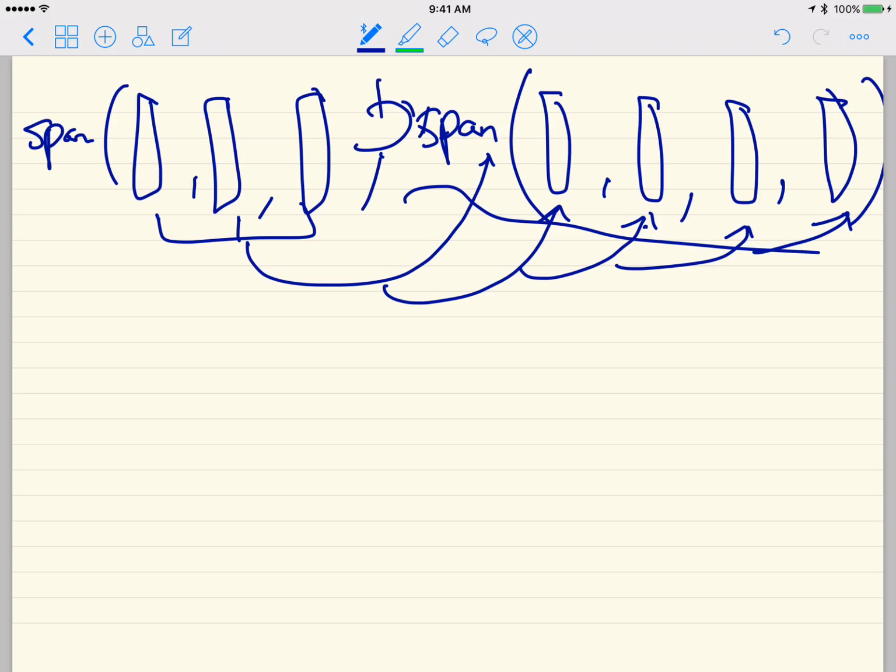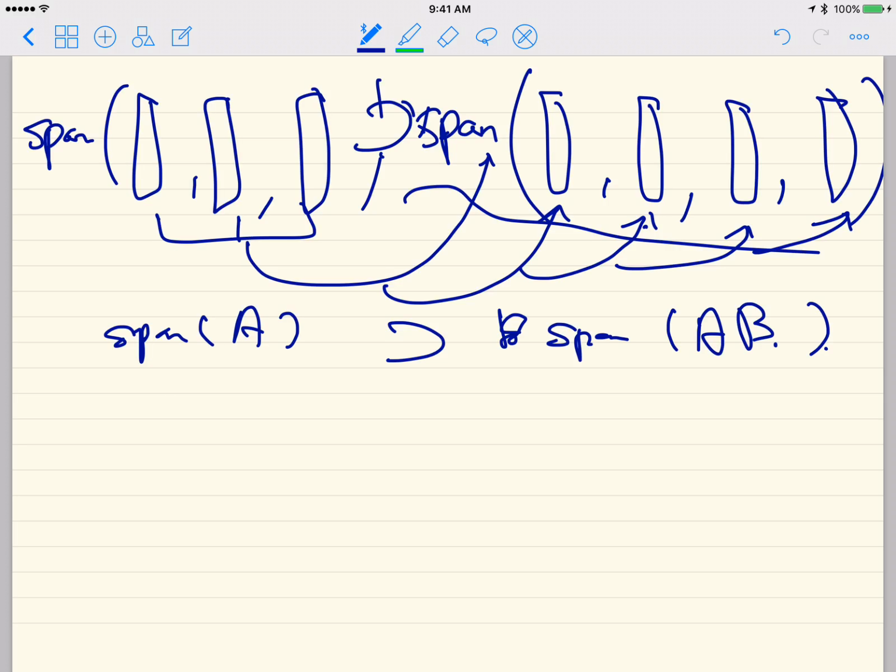So the answer is that the span of the columns of A is bigger than the span of A times B. It's a little bit counterintuitive, but for this composite function A times B, the actual range, so all the possible y values, and the set of these possible y values is called the range, right?